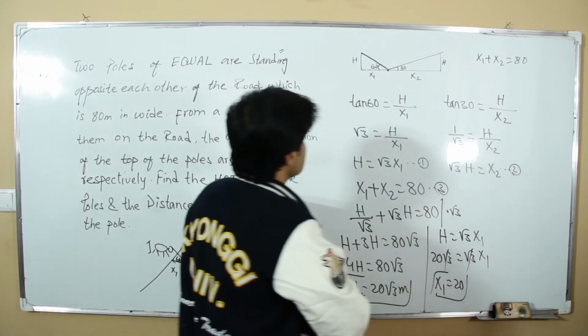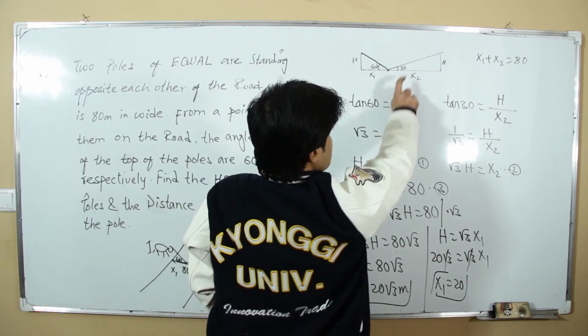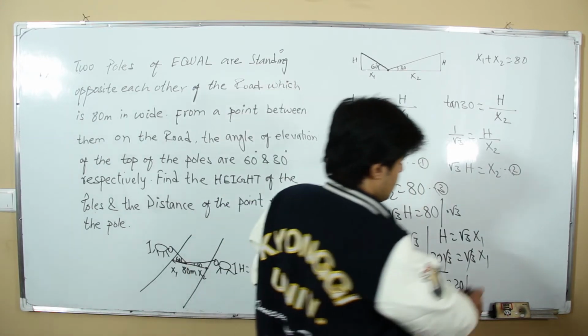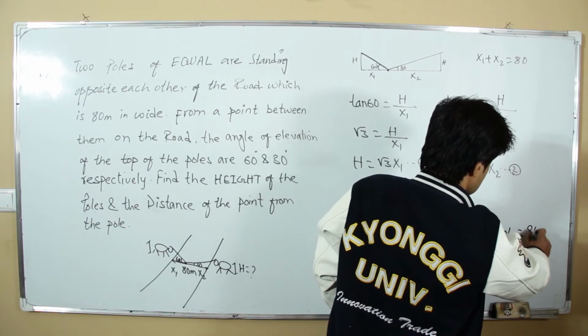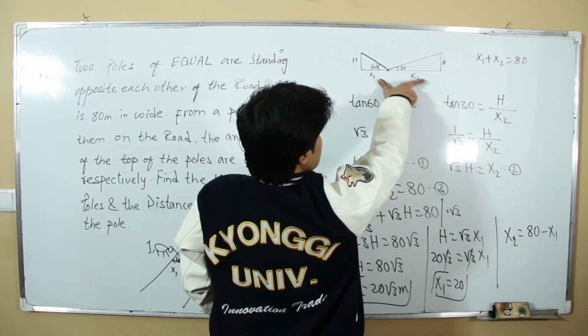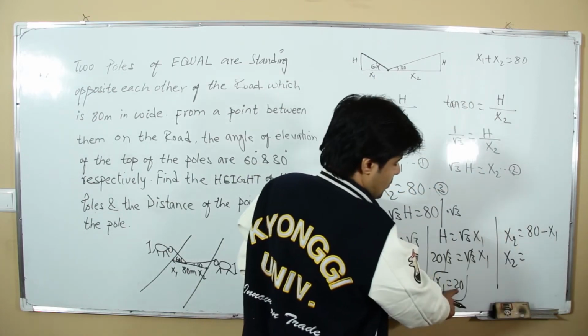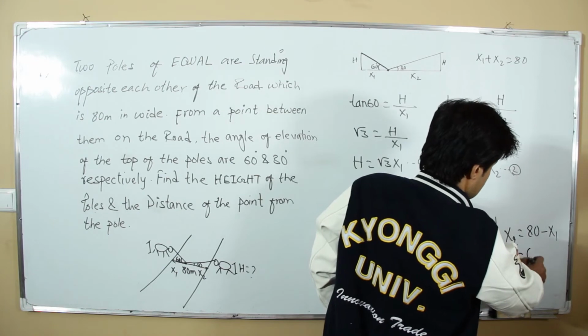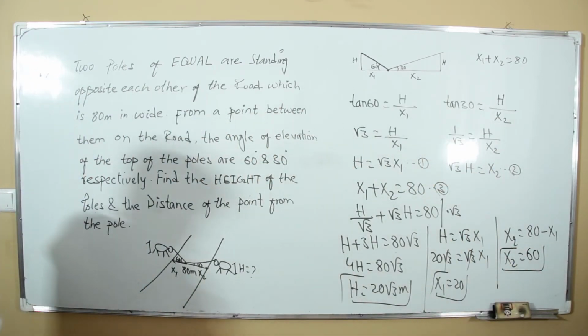If x1 is 20, all of them is 80, so this one should be 60. x2 is 80 minus x1, or not? x2 is 80 minus this part. Yes, x2 is, instead of x1, 20, 80 minus 20, 60. Write it, please.